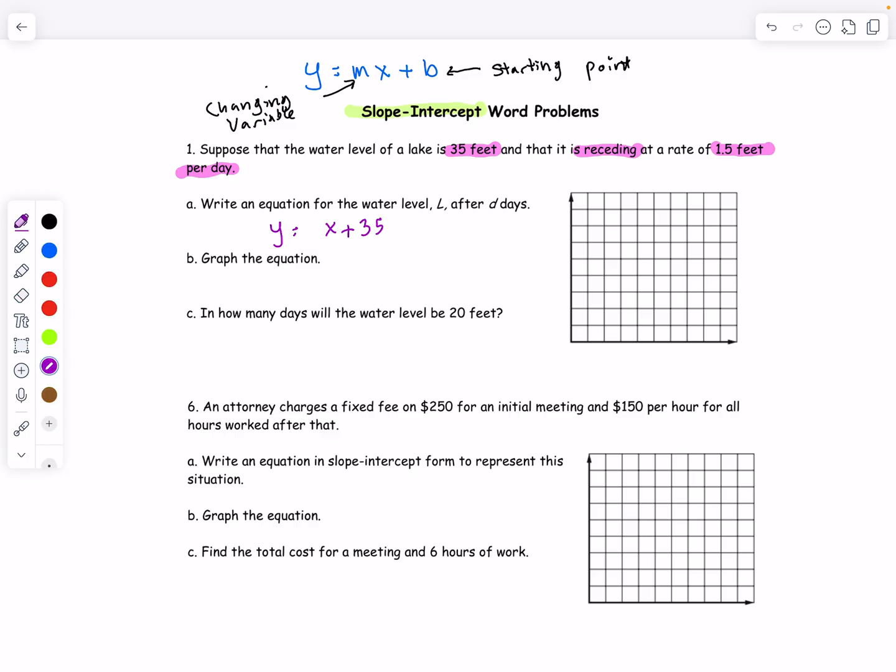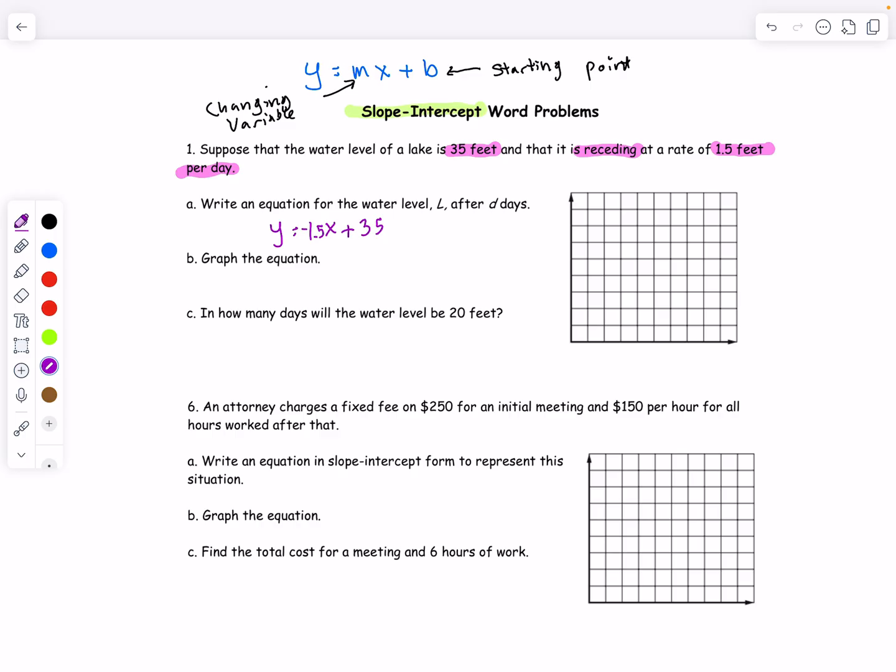Now, one change that we're going to have to make: when something's receding, it's going to be going down. So rather than putting a 1.5, we're going to have to put a negative 1.5. All right, so now we have our equation.